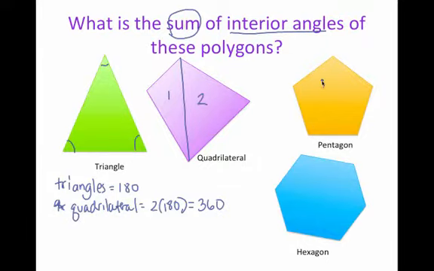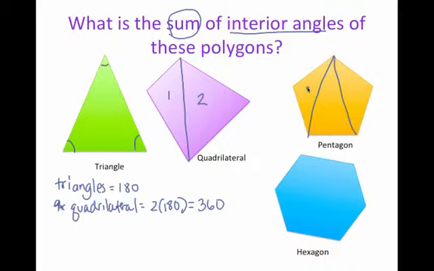Let's look at a pentagon. A pentagon has 5 sides. If I drew any diagonal in a pentagon, this would be one diagonal, and this would be another diagonal. I can't draw this because it is not a diagonal, since these 2 are consecutive sides, and I can't draw this because those 2 are consecutive sides.